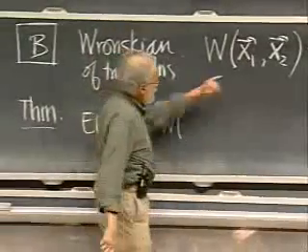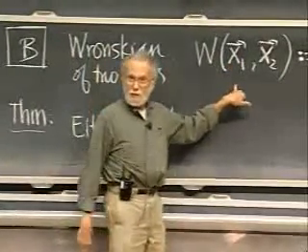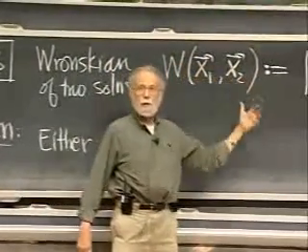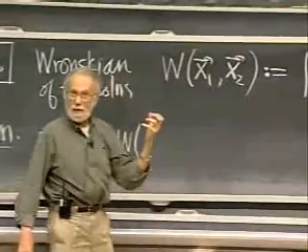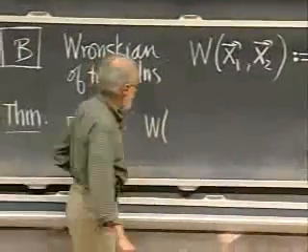Now, see the Wronskian, these are functions, the column vector is a solution, so those are functions of the variable t, so are these. So the Wronskian as a whole is a function of t, the independent variable, after you've calculated out that determinant.